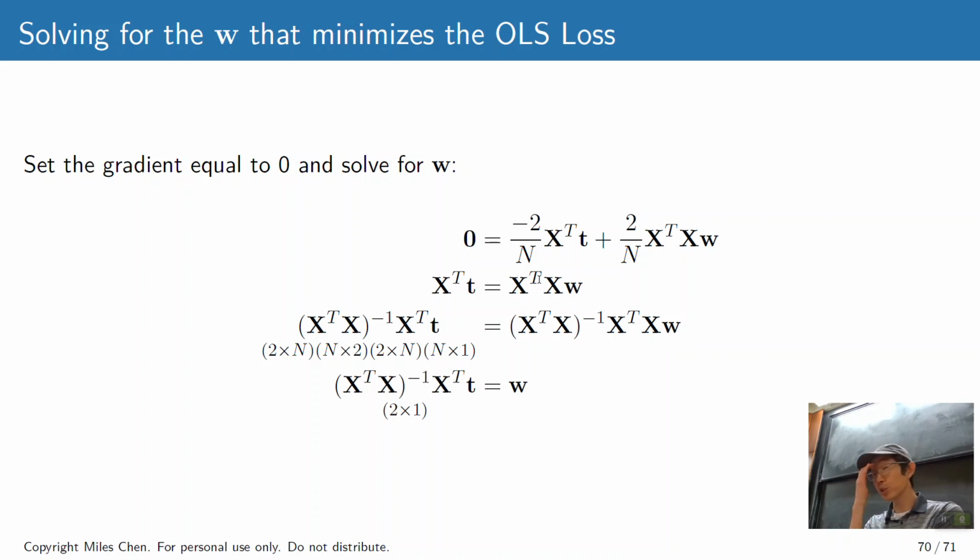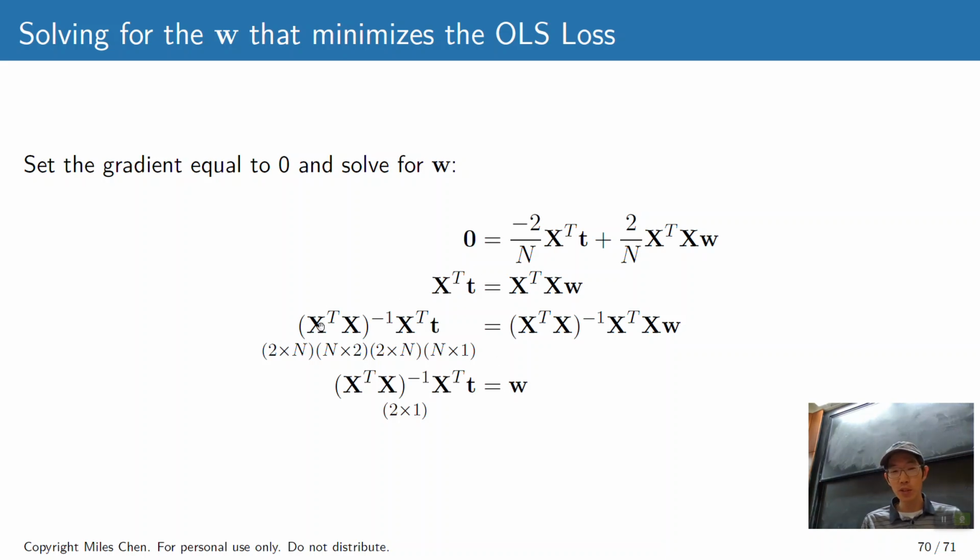There's no division in matrix. There's no matrix division, right? So that's a mistake that I see students make on exams and stuff, is trying to do division. You can multiply by an inverse. Okay, you can't divide. So we're going to multiply both sides by x transpose x inverse, okay, to get rid of the x transpose x over here, to get w by itself.